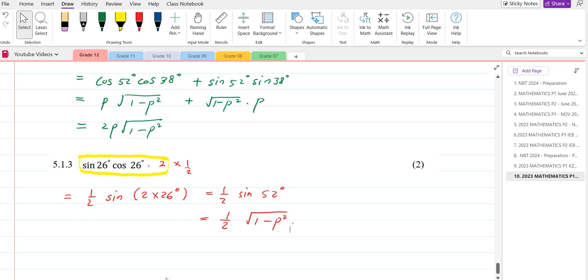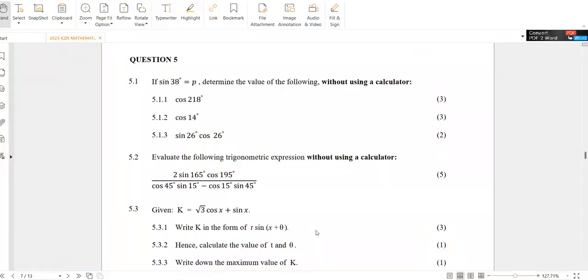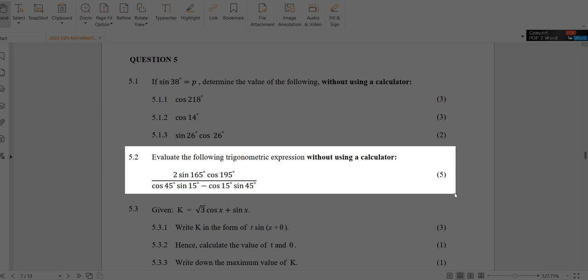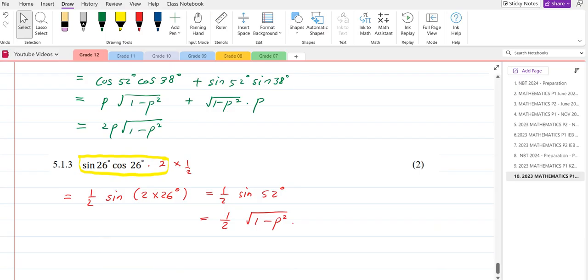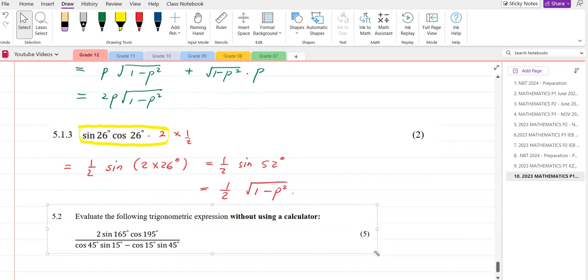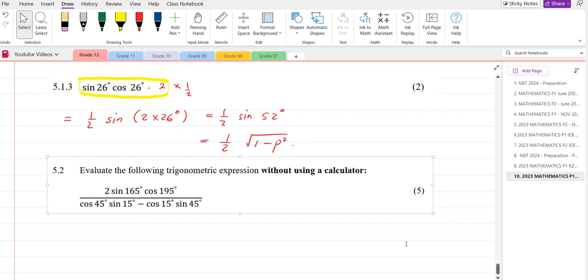Now moving on to the next problem, which is: evaluate the following trigonometric expression without using a calculator. So remember, to simplify this, we need to use maybe special angles, because I can see 45 and 15 and so on. Special angles, double angles, and all your identities. Right, so we're looking at 2 sine 165, cos 195, so we're going to simplify this. If we simplify this, we're getting 2.